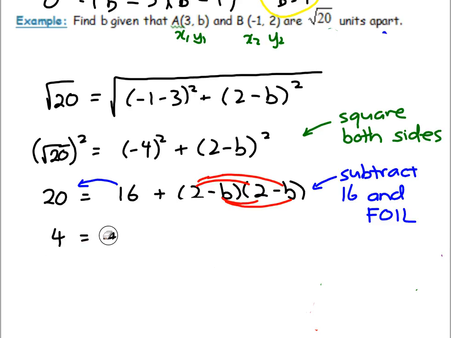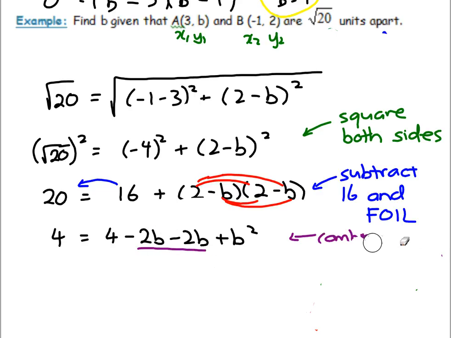When you FOIL, hopefully you got this. I haven't done all the foiling completely because I haven't combined like terms. Combine like terms, that's what we have to do. So negative 2b minus 2b, what does that give you? It gives you negative 4b.